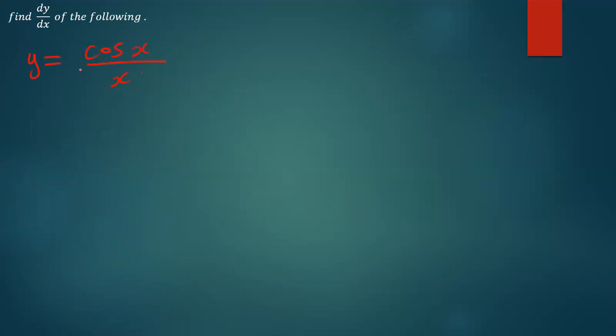For this one, we're going to use the quotient rule because we have two functions dividing. The quotient rule says that if you have any function given in the format u over v, to find dy/dx of this function, we say (v u prime minus u v prime), everything over v squared. So our u in this case is cos x, and our v is x.